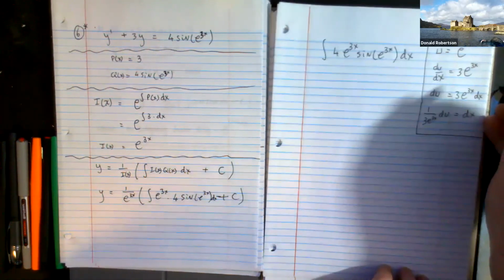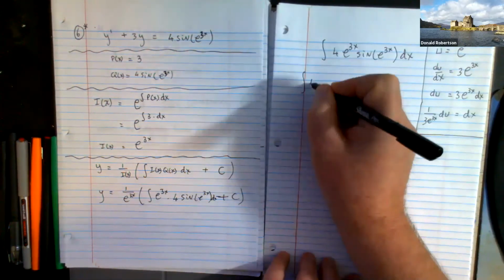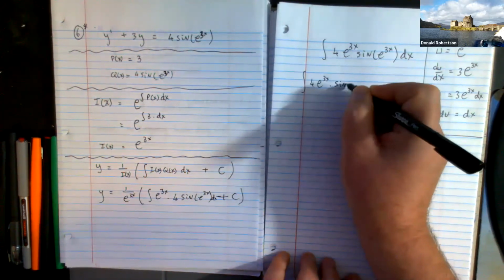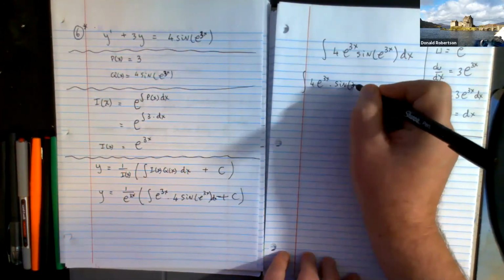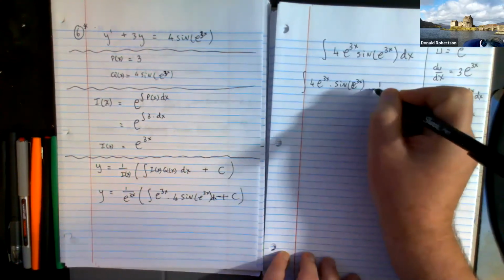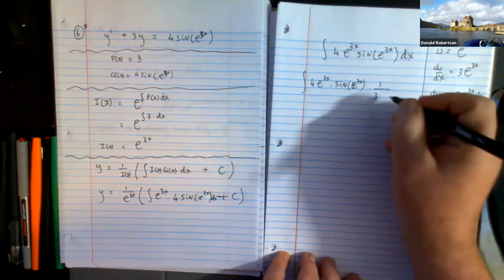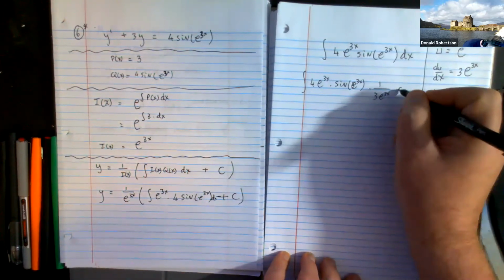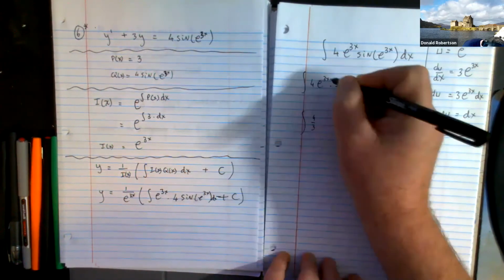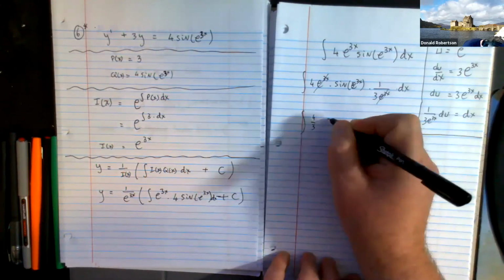Then I'll go over here and I'll leave the 4 and the e to the 3x, and I'll call that guy, e to the 3x. So I won't change anything yet. I'll be changing it very shortly. And the 4 and the 3 get me 4/3. They two cancel, and that becomes the sine of u.